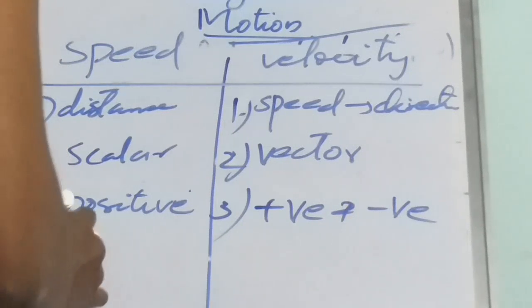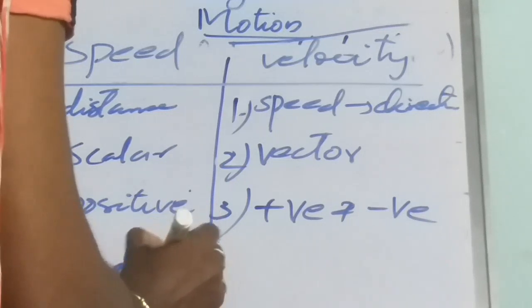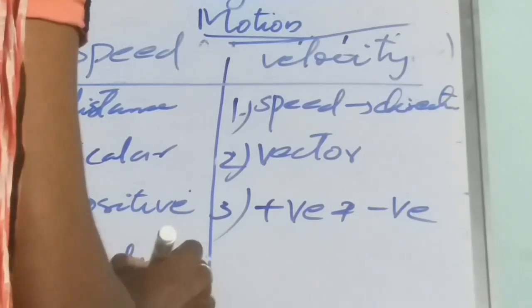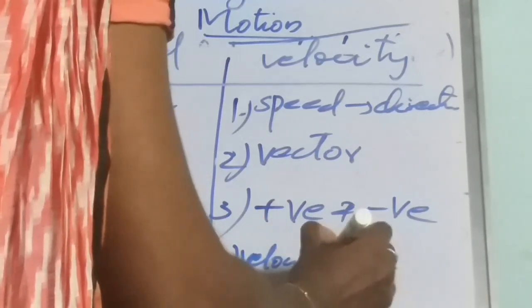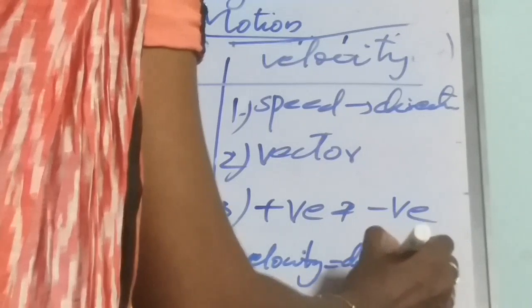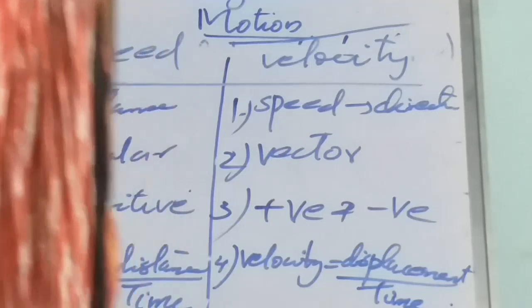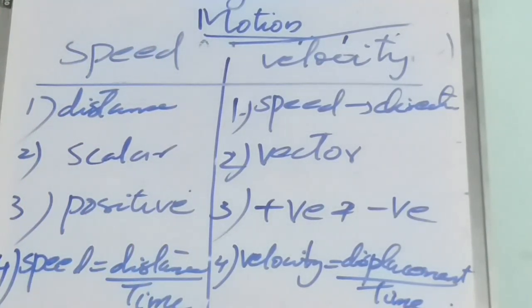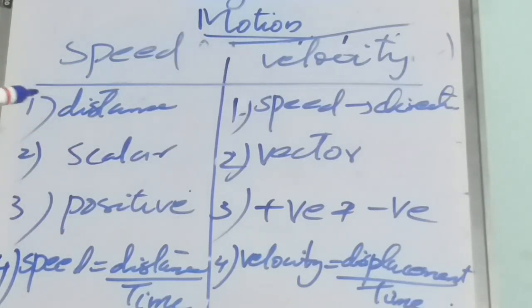Then speed is equal to distance divided by time, and velocity is equal to displacement divided by time. These are the differences between speed and velocity. Speed is distance traveled per unit time. Velocity is the speed of an object moving in a particular direction.